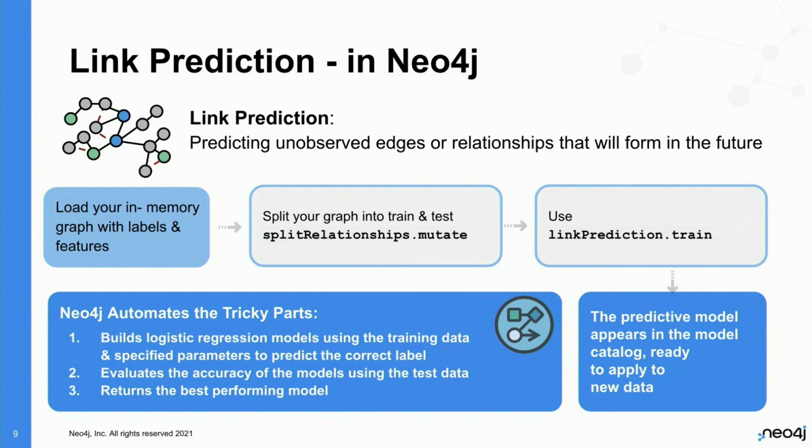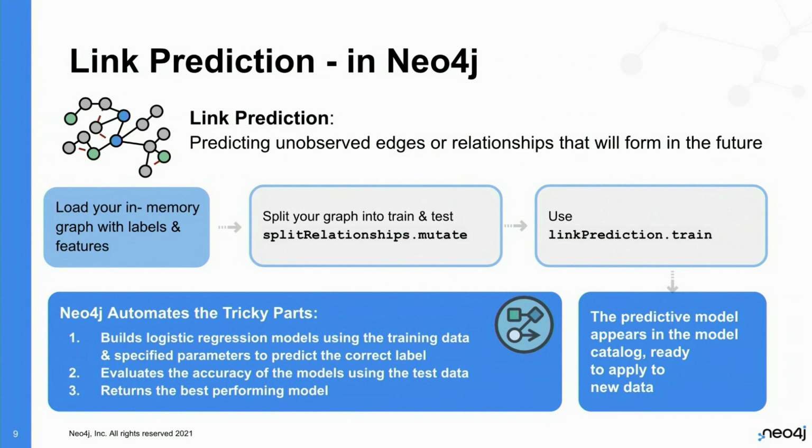And what we do internally is you give us a whole bunch of parameters to search. We'll evaluate the accuracy of all of the models. We'll build a bunch of models. We'll return the best performing model. And then that's in your model catalog. You can apply it to new or unseen data and start making predictions about where relationships belong. And since we're using logistic regression, you get a probability score. How confident are we in that prediction?